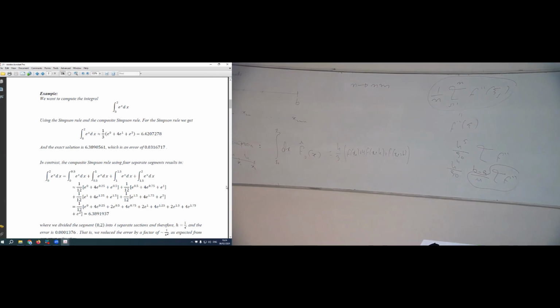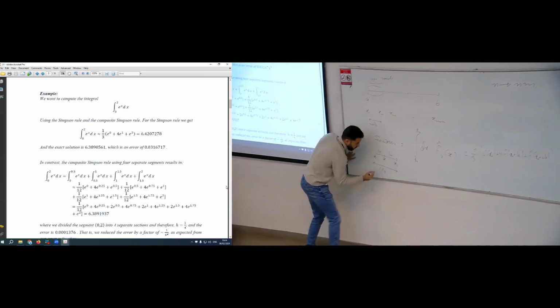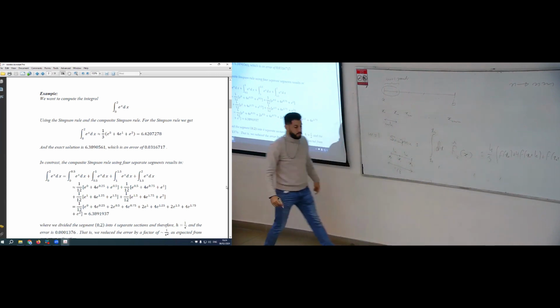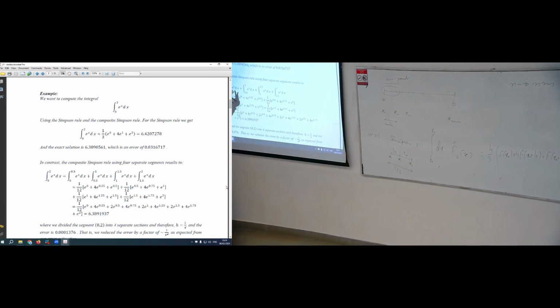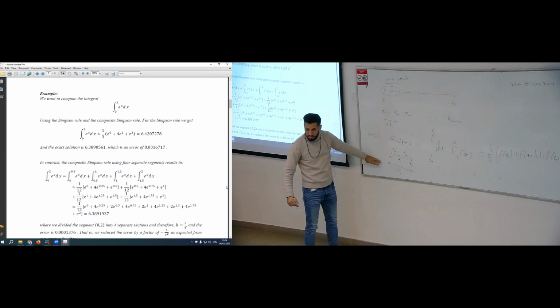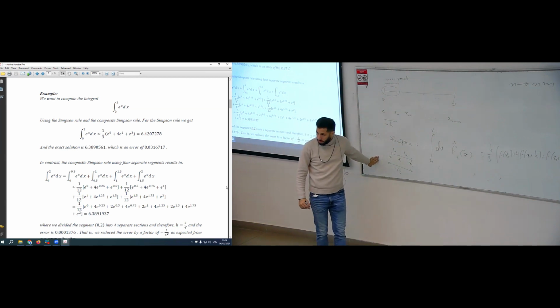Okay, so the segment is 1/2, and I take 4 segments of this. So n in this notation equals 4, and h equals 1/4.